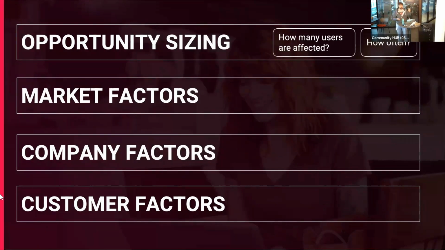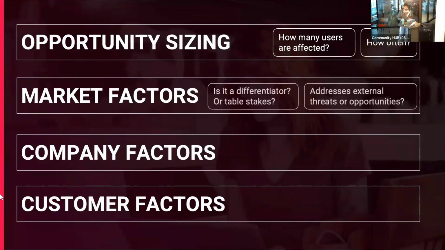Because sometimes you have something that 100% of users suffer, but they suffer it once every 4 years. And then I have something where 20% of the users are impacted, but they suffer it every day that they use the product.